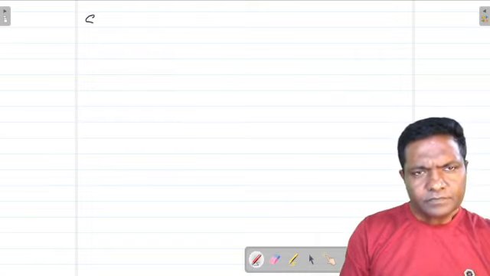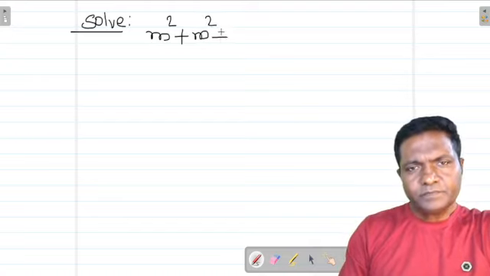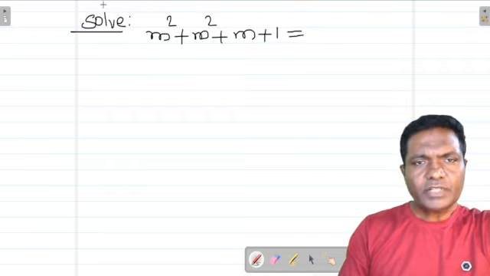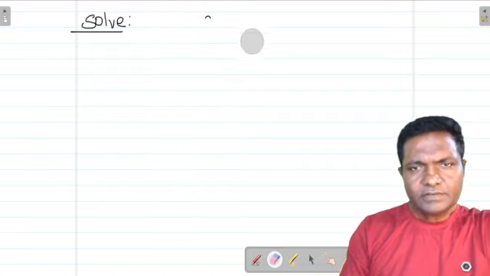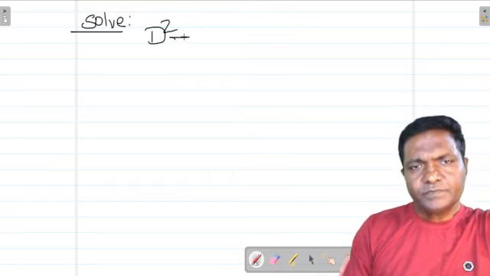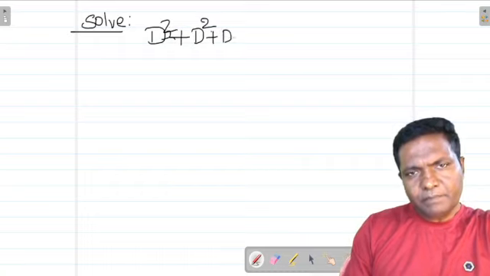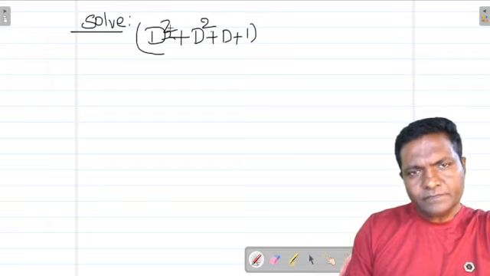Solve (D cube plus D square plus D plus 1) y equal to 0.